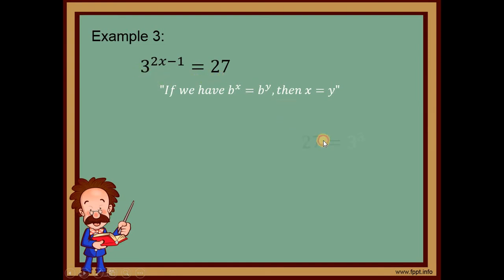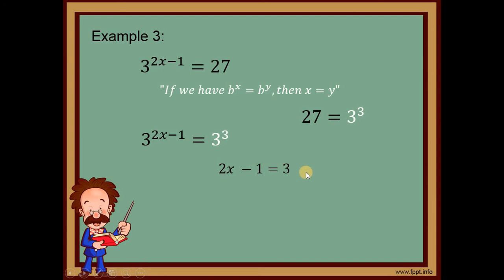But 27 can be written as 3 raised to 3. So pwede nating ipalit yung 3 raised to 3 dun sa 27. So magiging ganito yung itsura: 3 raised to 2x minus 1 equals 3 raised to 3. Same na sila ng base, therefore yung exponent nila must be the same. So we have 2x minus 1 equals 3.